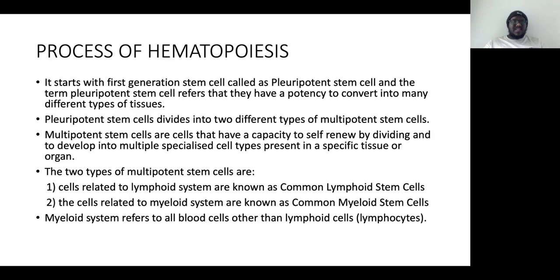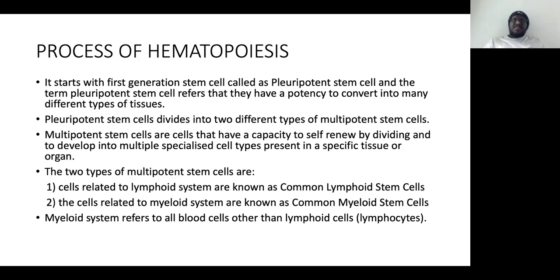Process of hematopoiesis. It starts with first generation stem cells called pluripotent stem cells, and the term pluripotent refers to their potency to convert into many different types of tissues. Pluripotent stem cells divide into two different types of multipotent stem cells.